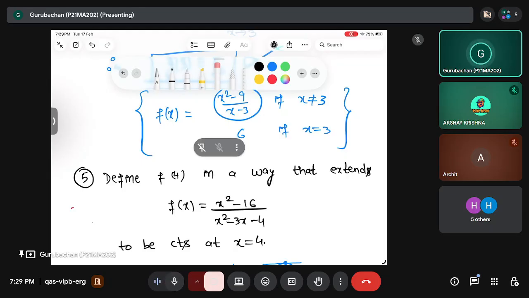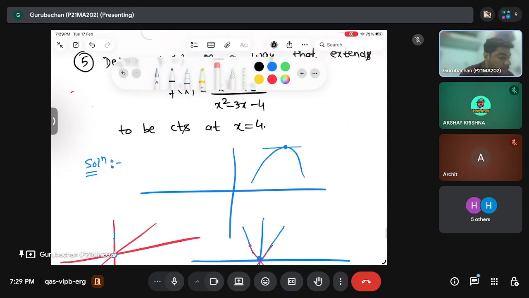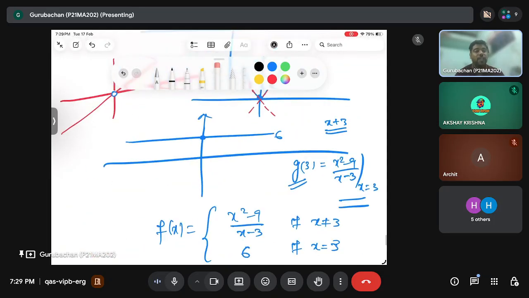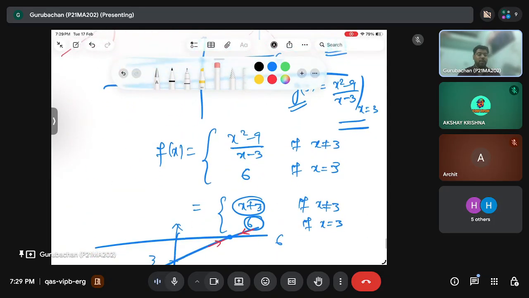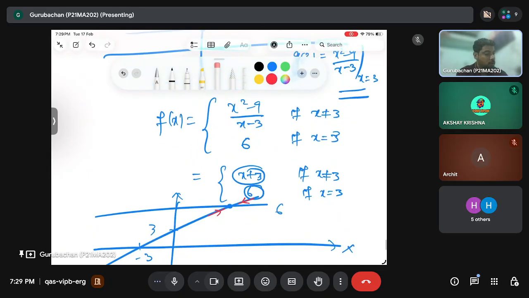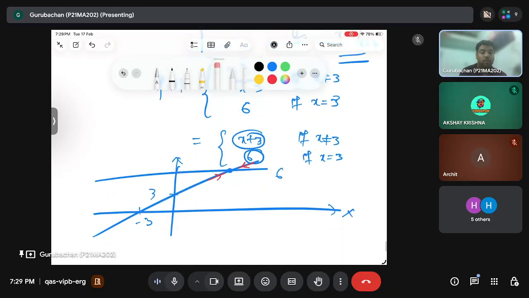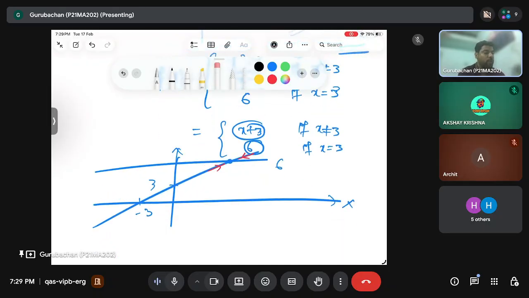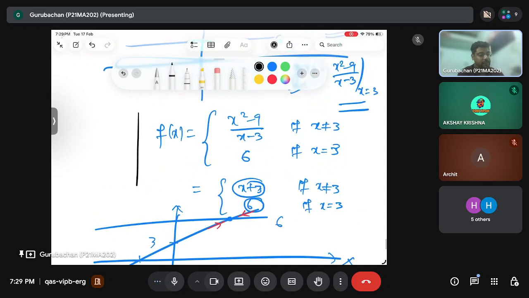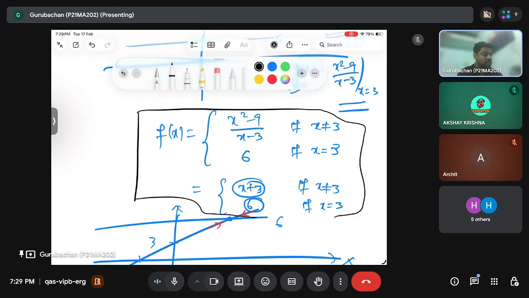Let me mention that example explicitly, in which kind of scenario your function may be differentiable after removing the removable discontinuity. So in this scenario you can say your function is differentiable.